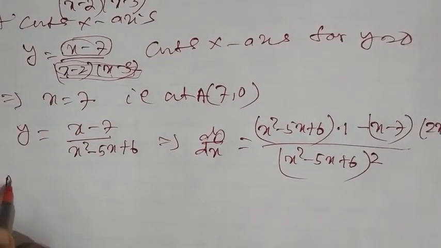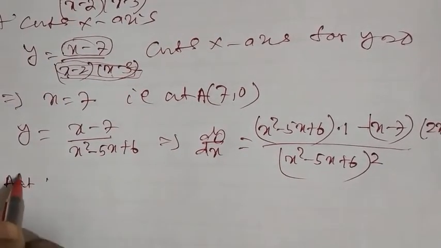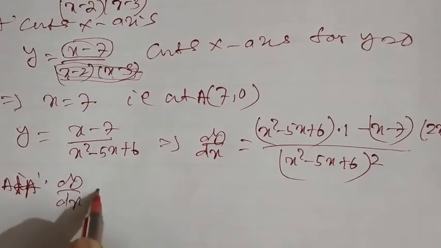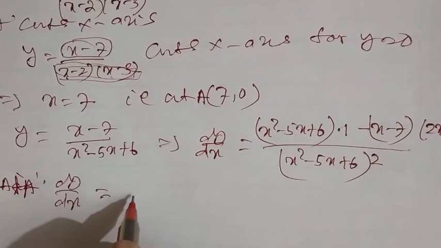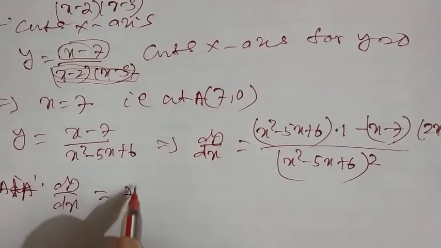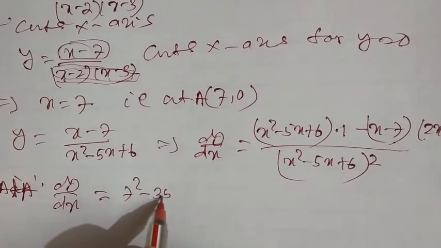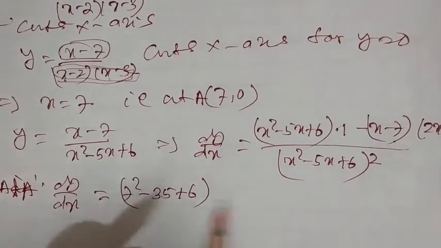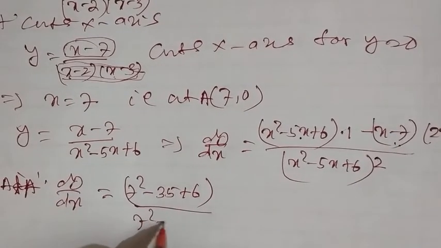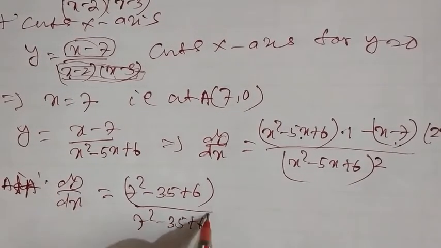Now at A, dy by dx becomes, x ki jagah mein 7 lagao. 7, kya mila? 7 square minus 35 plus 6, ye 0, by (7 square minus 35 plus 6) ka square.